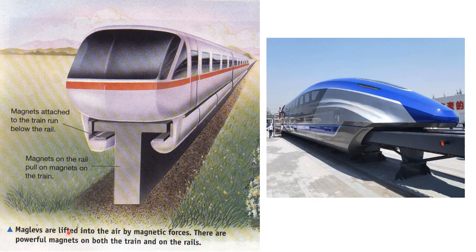Because of this gap which is created when the train gets lifted by the magnetic force, very little frictional force acts, and because of this these trains can run at a speed of more than 400 kilometers per hour.